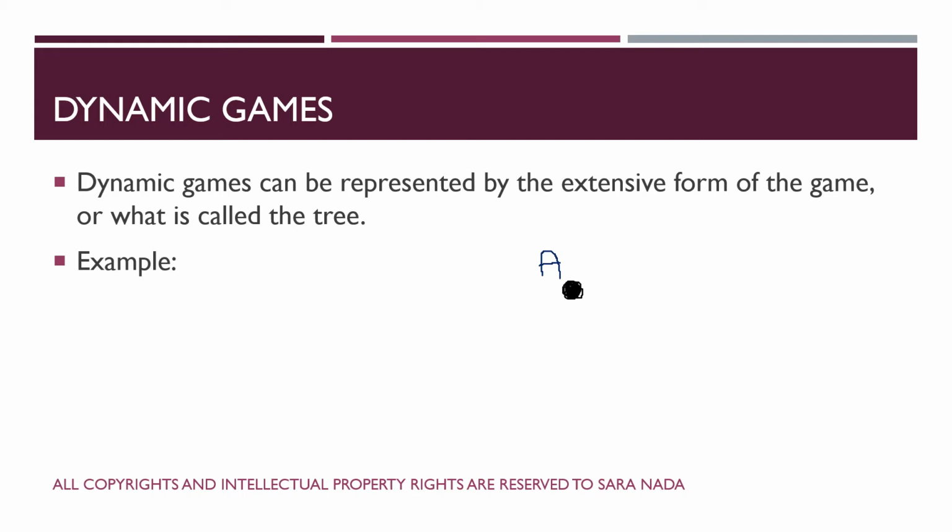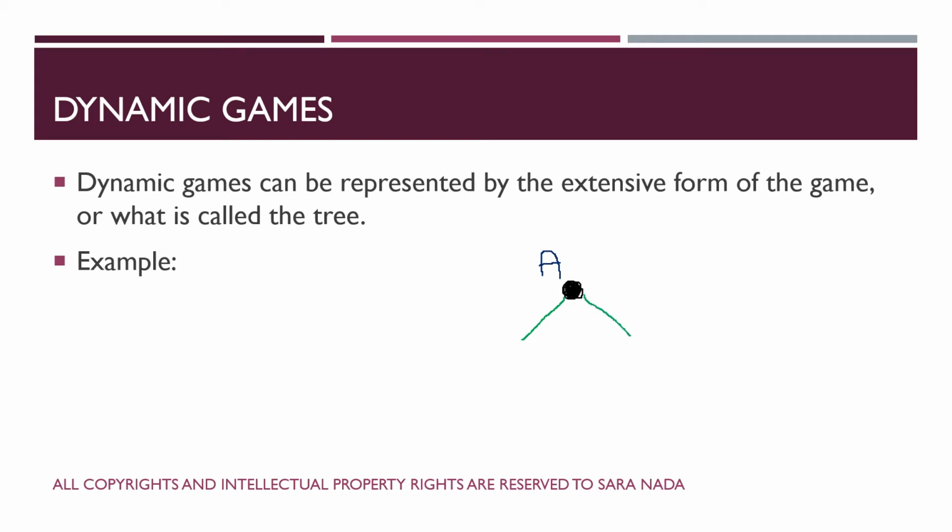Another simplifying assumption, I will assume that each player has two strategies to choose from. Okay? So, what does this mean? We have the starting node. Then we should draw other lines. Let's choose the green. How many lines? Depending on the actions that are available for the player.